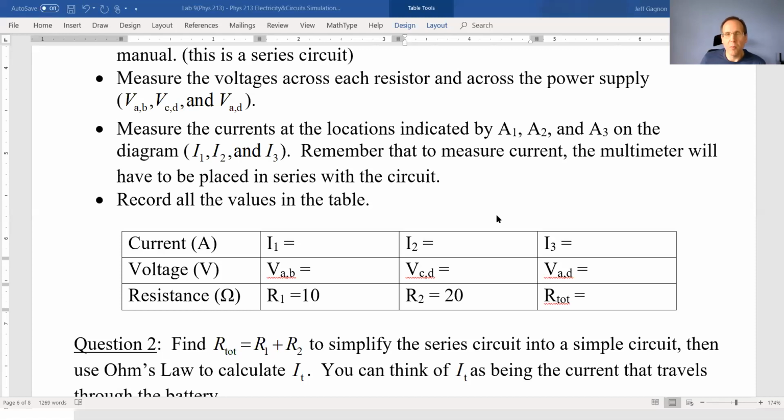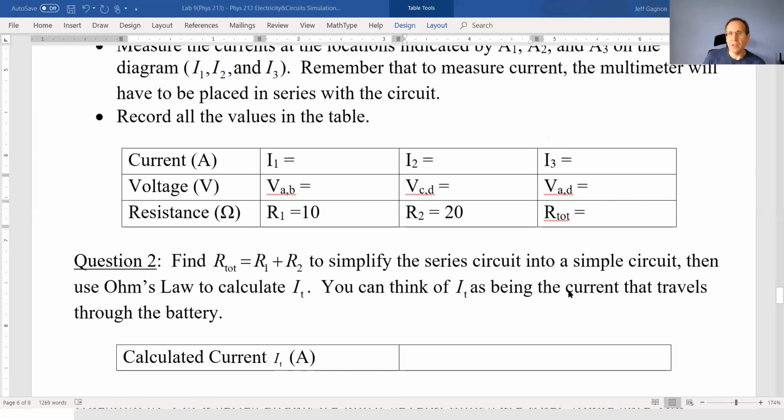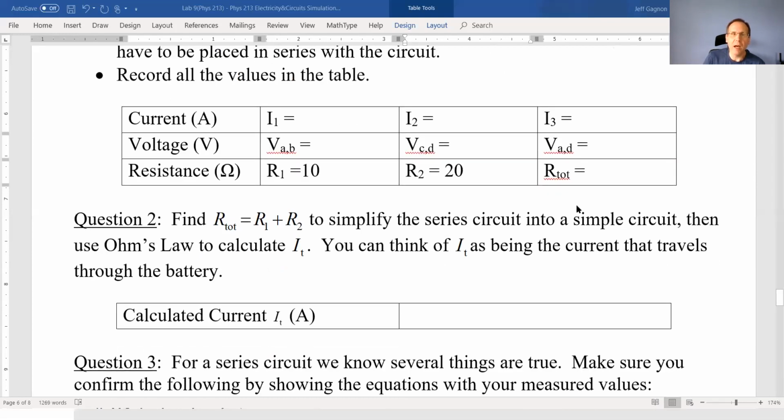Okay, so once you have all those values, what you can fill in the table, the first thing you want to do is compute the total resistance. If we were to combine those two resistors in series, right, how do you combine them? And my hint is in here, right? Remember, you just simply add the resistance values together to find R total. And now you can think of it as a simple circuit, right? Once you combine the resistors together, you can calculate I total using Ohm's law.